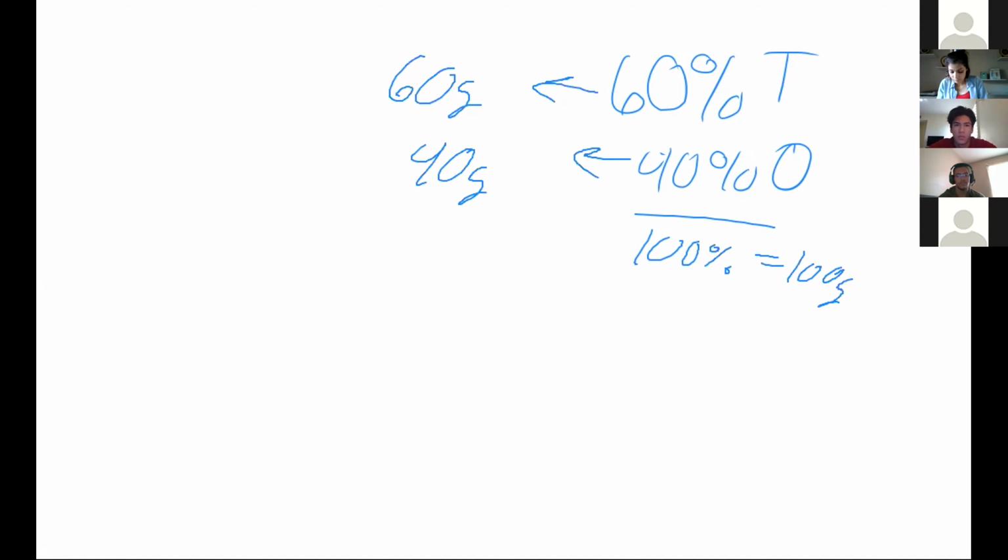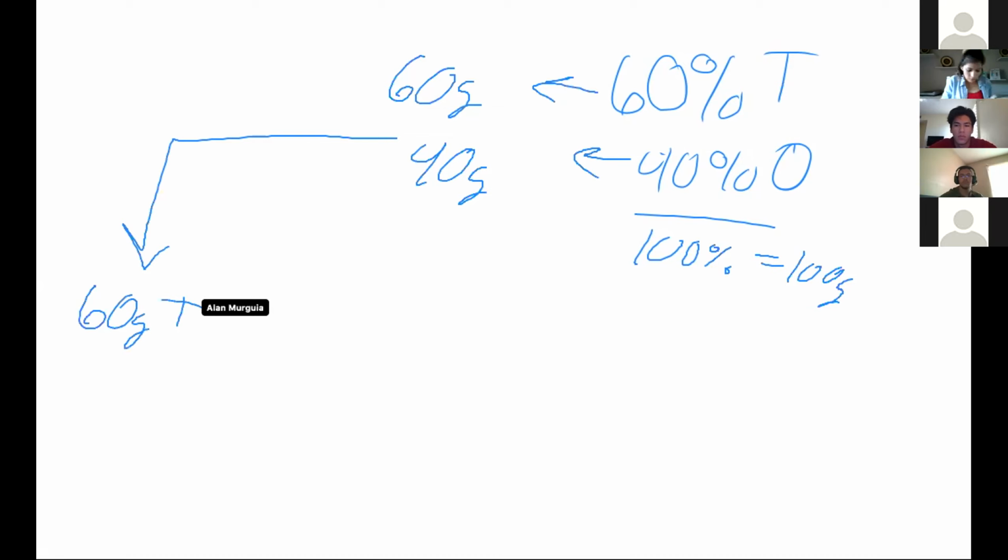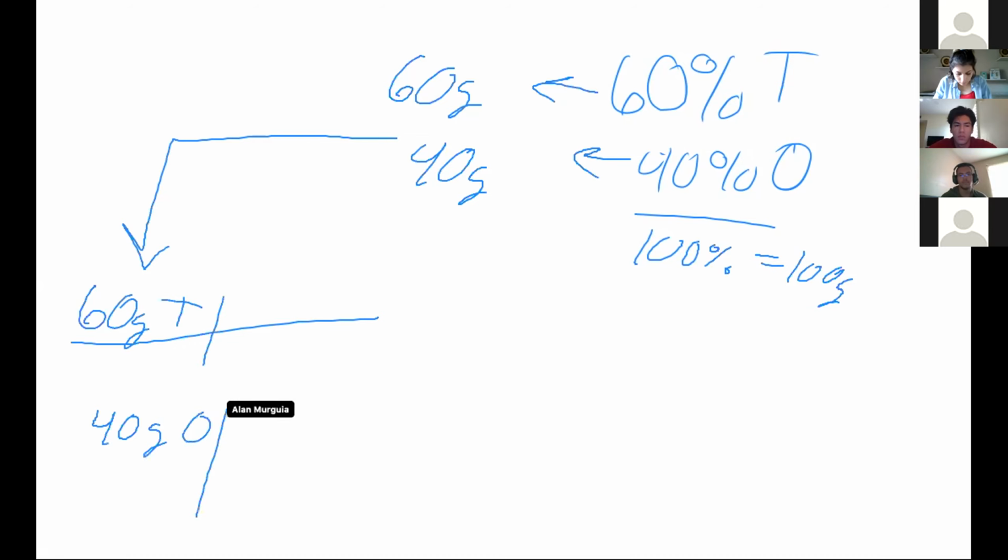Let's just drag this out down here. What we use are the molar masses. Now, can anyone tell me what the molar mass would be for each of these, starting with titanium?